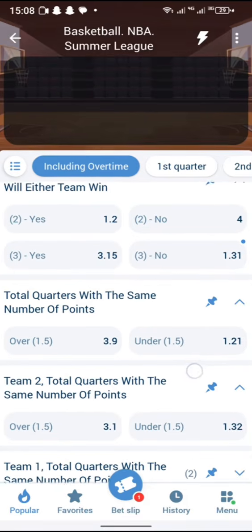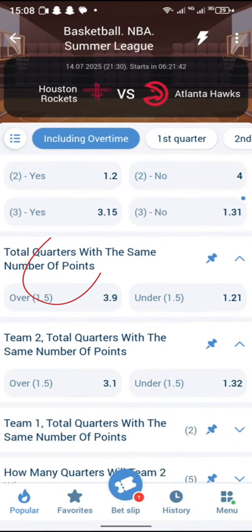So now to the second one, we have total quotas with the same number of points. A lot of people get so confused when it comes to this option, but there is actually nothing to be confused about. Now we have two types.